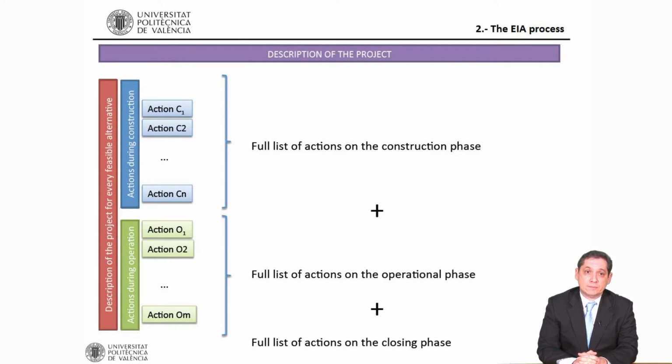This analysis has as a goal to identify the full list of actions, as I say, both in the construction phase and in the operational phase. And this analysis must be performed for every feasible alternative. Typically, in a civil work technical project, dozens or even hundreds of actions must be identified.